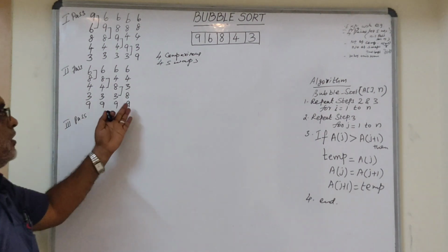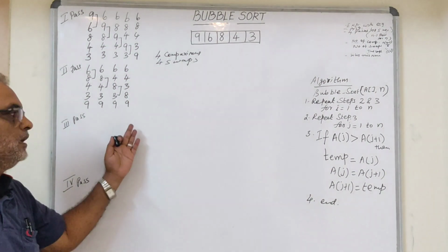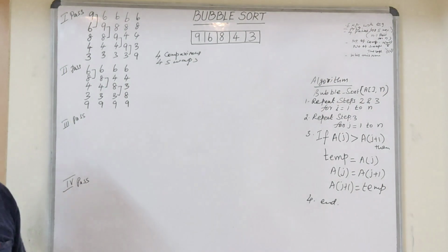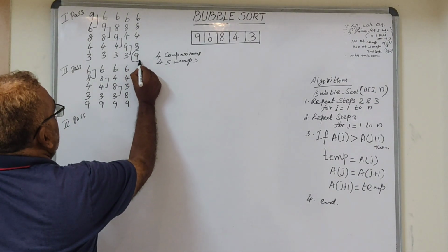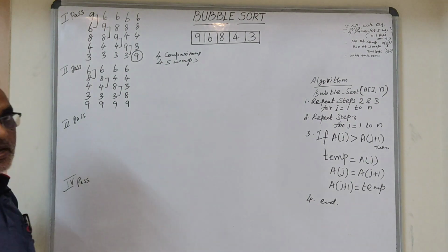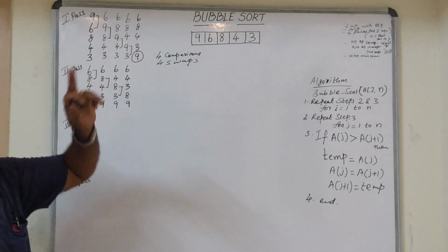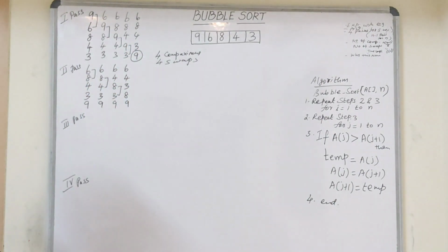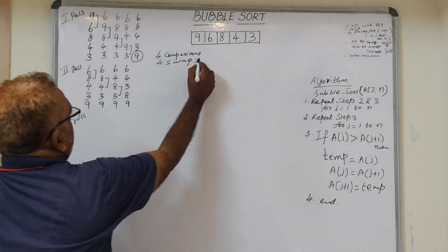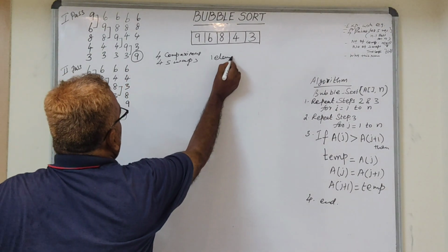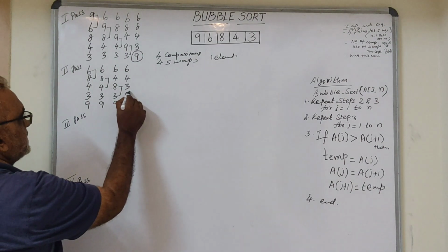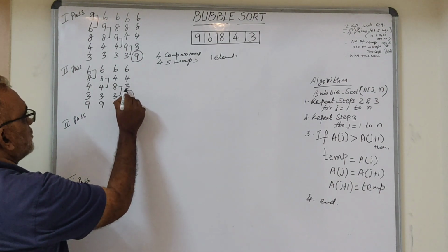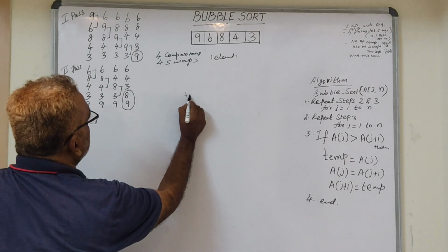No more swapping is required because the last element is already the maximum element. So in the first pass, the 9 is sorted. One element is sorted here. But now, see that 2 elements are sorted. 2 elements sorted.